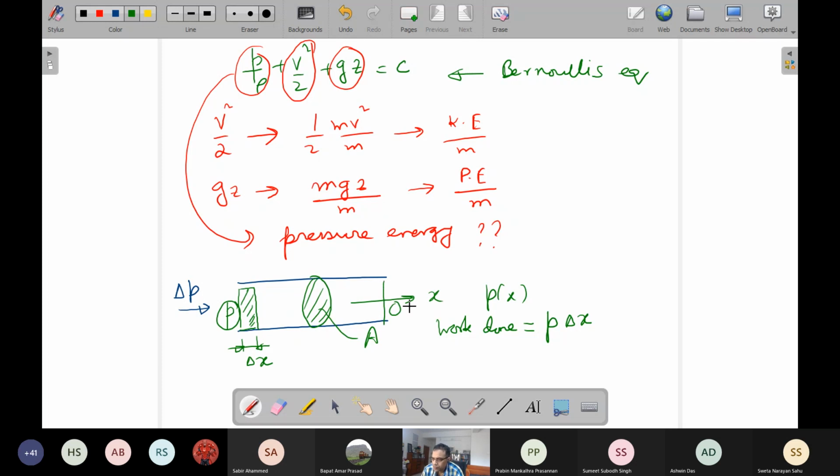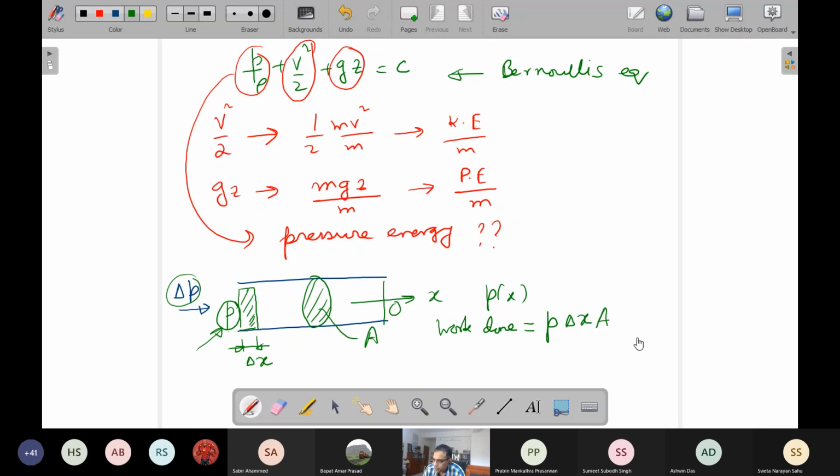So when you have a pressure P here and a pressure 0 here, it is actually applying a pressure differential delta P. So let us say that locally the pressure is P. So when you have the local pressure P, the work done is just, remember the thermodynamic work done, PdV.